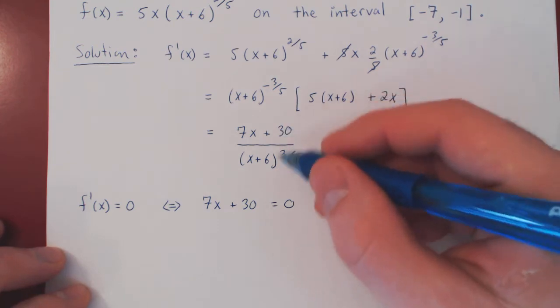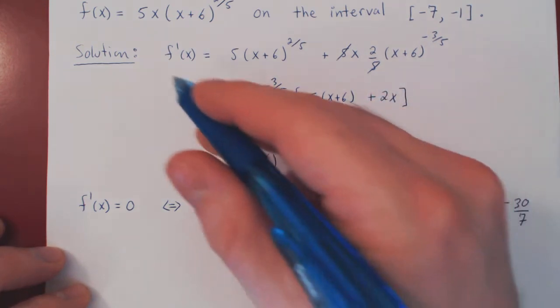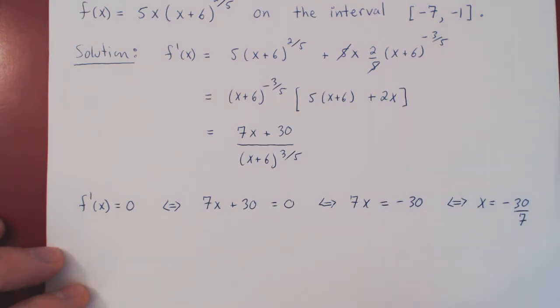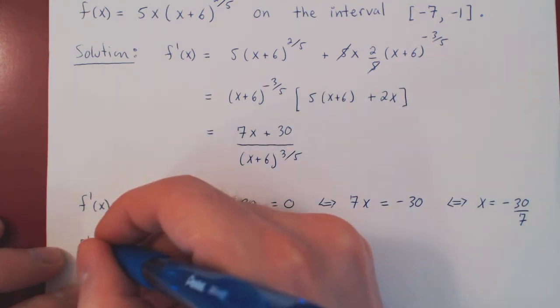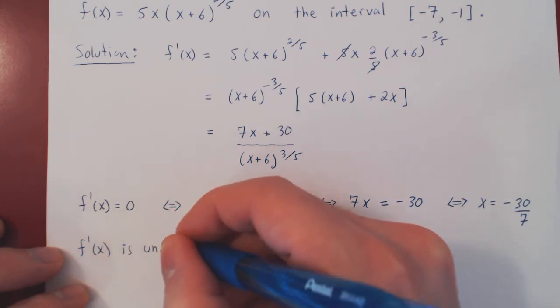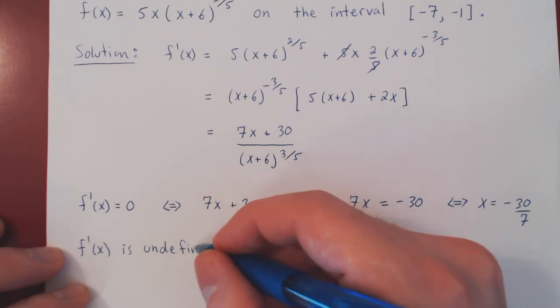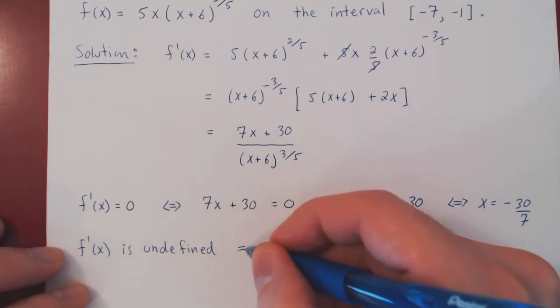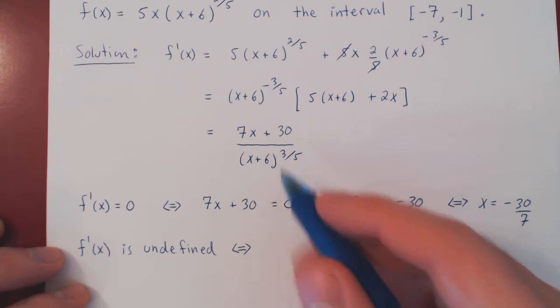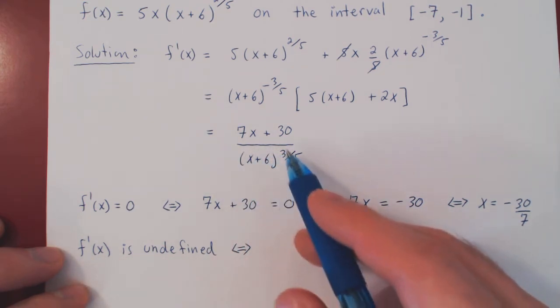But because we have a fraction, we could have a division by 0, which would give us that the derivative is undefined, also giving a critical point. Well, again, the derivative is undefined if we have a division by 0.